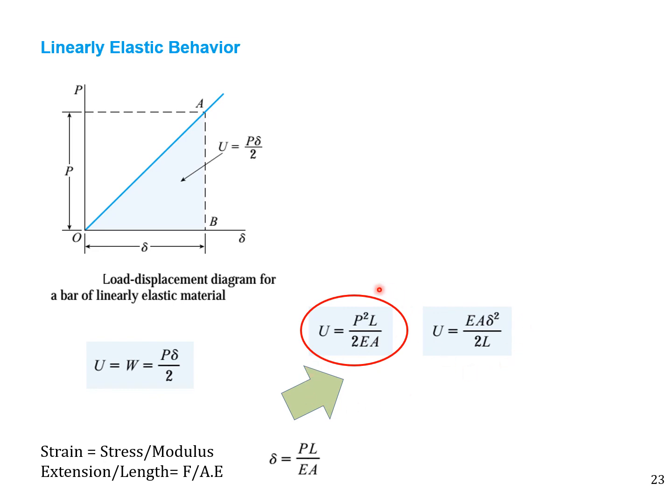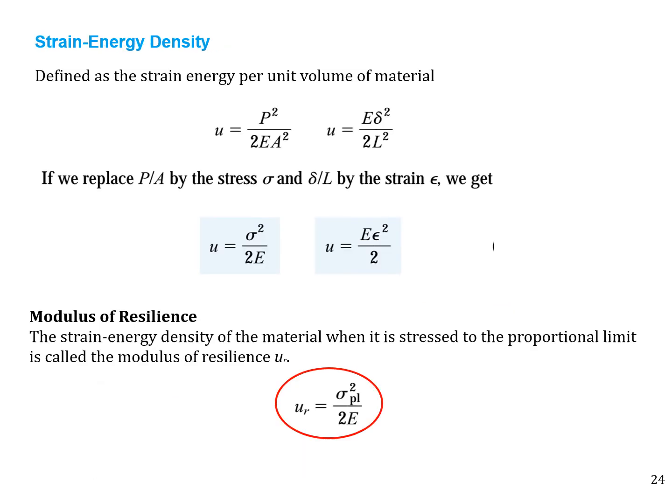So it means if we know the load applied, initial length of a bar, its modulus, and its cross-sectional area, we will be able to calculate its strain energy. And similarly, if we know the extension in the material, in addition to its initial length, modulus, and area, we will be able to calculate its strain energy again.